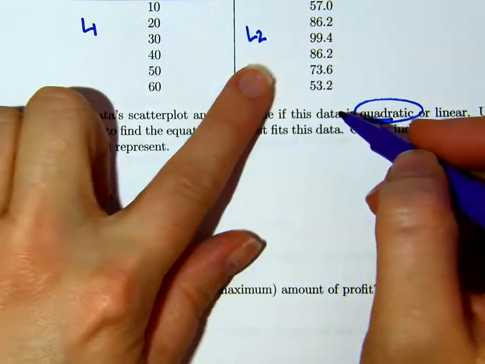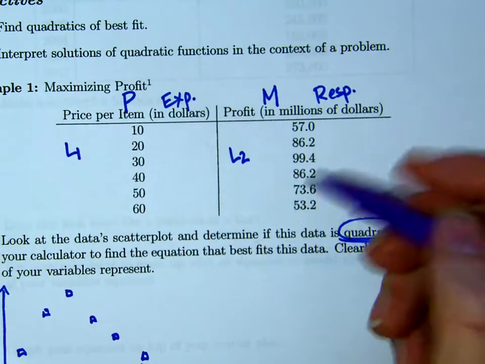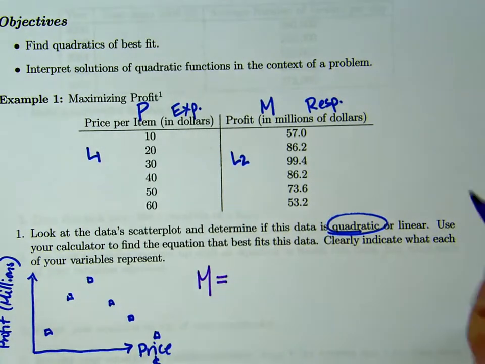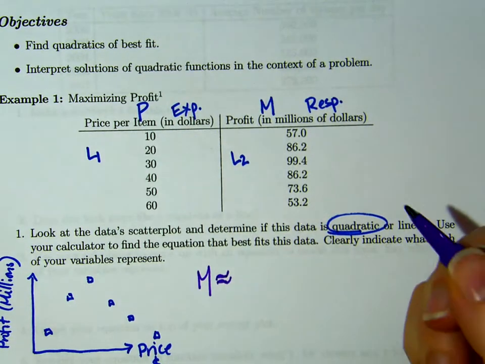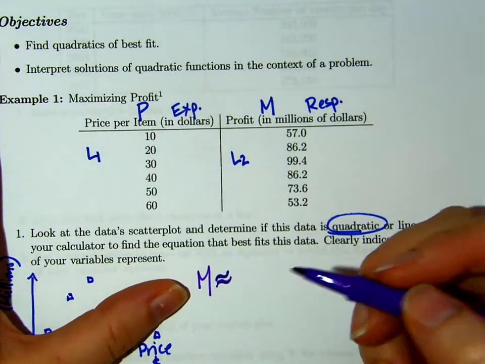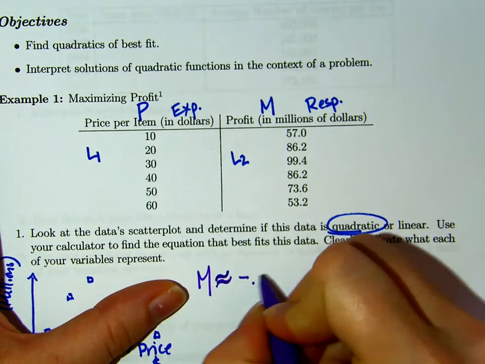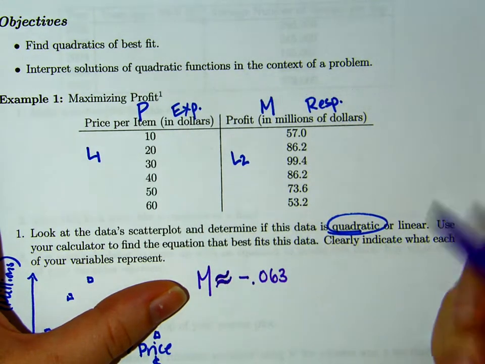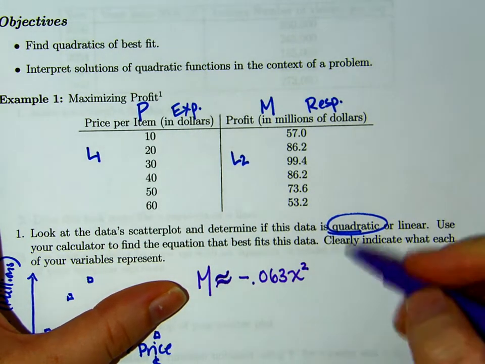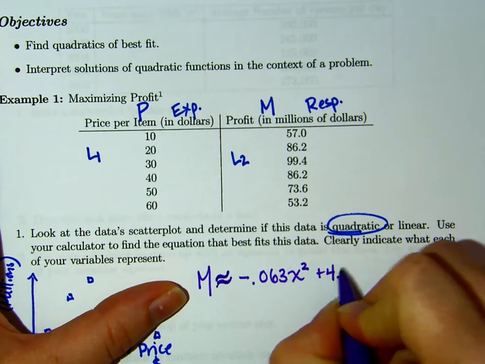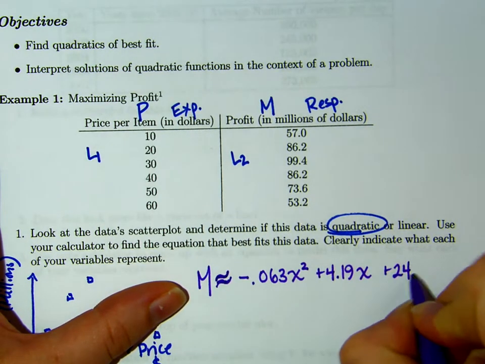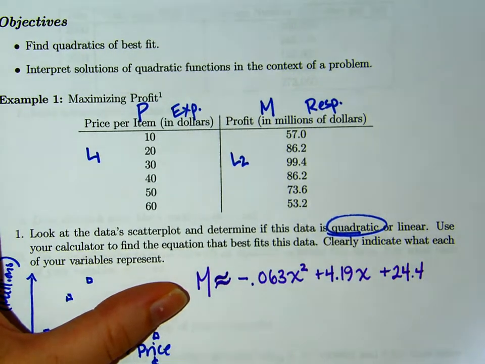So profit, so money made, is going to be approximately, because remember models are just a really good estimate, negative 0.063, okay, x squared, there's the ax squared, plus 4.19 x, and plus 24.4, and that was our c.